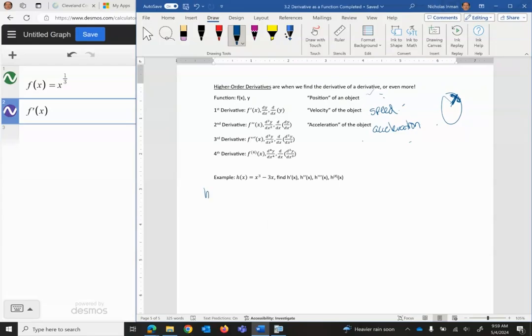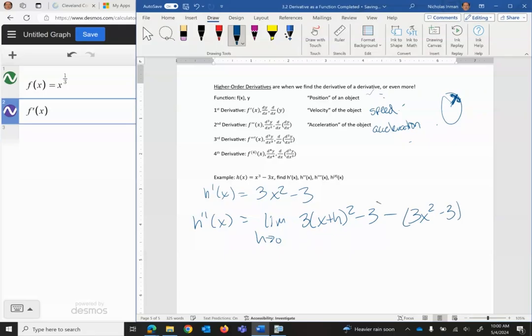So we already found h prime. We did that example. So to find h double prime, the second derivative, we have to do that formula again. The limit as h approaches 0. We put x plus h where our x is. There's no x here, so that's just 3.